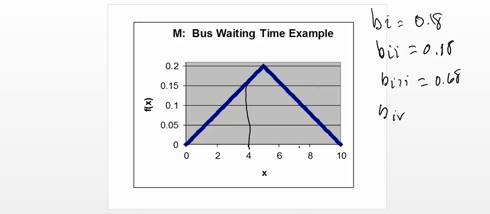Between 4 and 7. Well, to get that, we will probably find it easiest just to find the areas of the two triangular portions that aren't shaded, and then subtract: 1 minus the area of the two triangles not shaded.